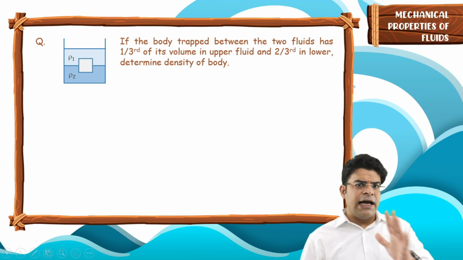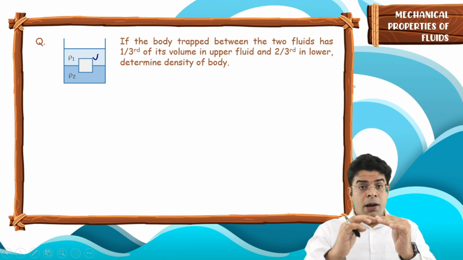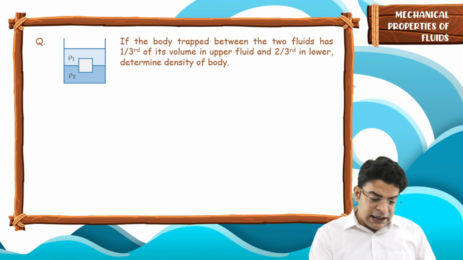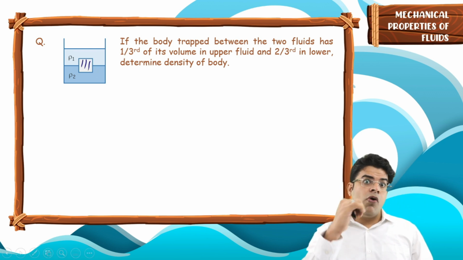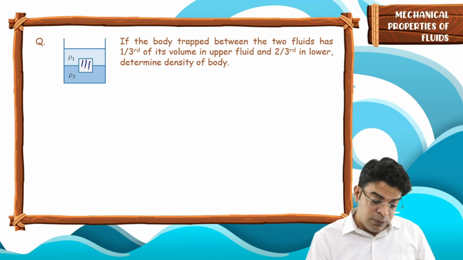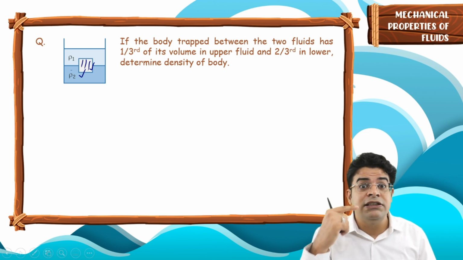You can see that this body has submerged in the upper fluid, but this body is floating in the lower fluid. This means that this body must have density more than ρ1 because it has submerged in the upper fluid. But this body must have density less than ρ2 because it is floating on the second fluid.